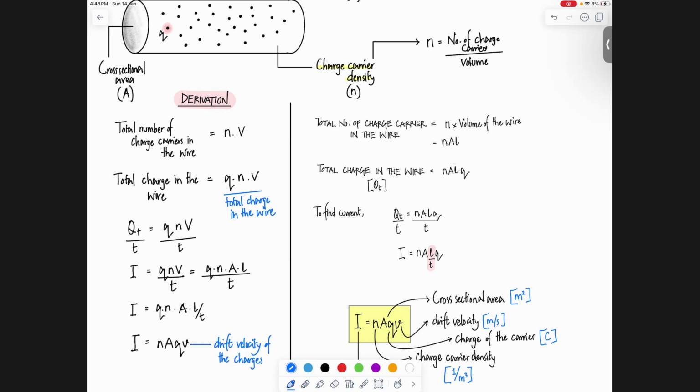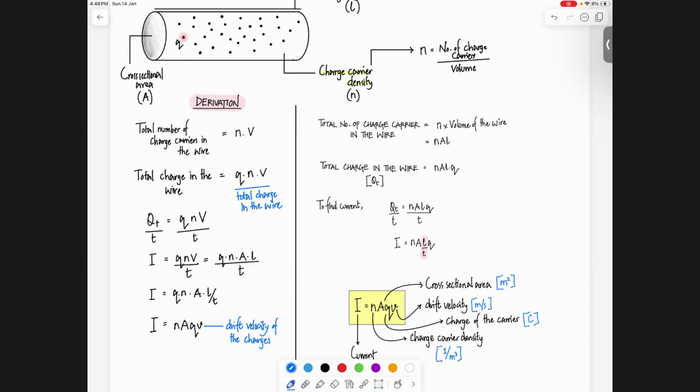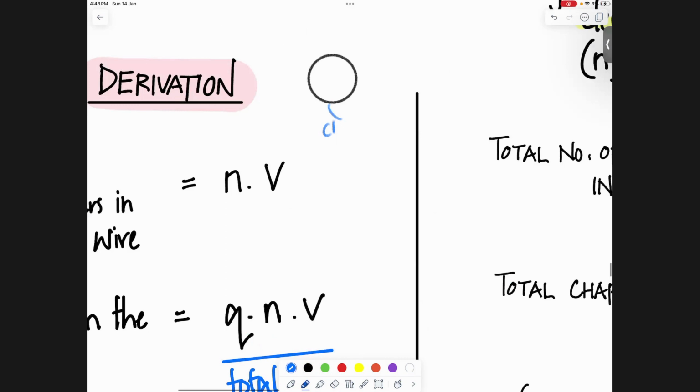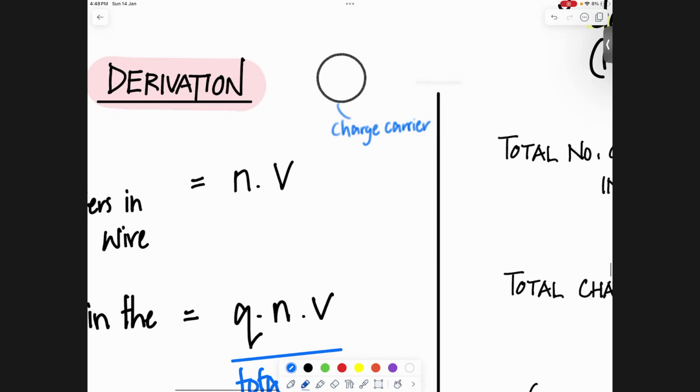So what's the difference between a charge and a charge carrier? A charge carrier is basically a particle. Can we say electron for the wire? Yeah, for a wire, it's the electron, right? So a charge carrier is basically the particle, and the charge inside is what we normally refer to as the value of the charge.